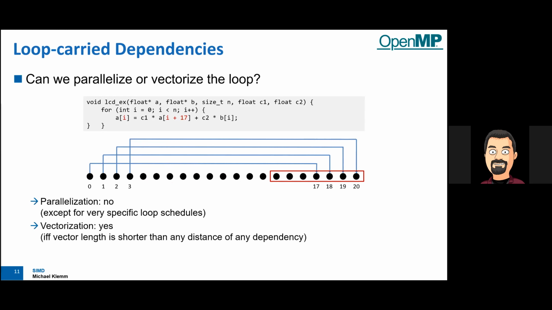Basically, you take the minimum distance of all your dependencies in your loop, and that is the maximum vector length that you can use to vectorize that code. So you have a little bit more opportunity there, because the parallelization is confined into a single vector register that has a finite length.